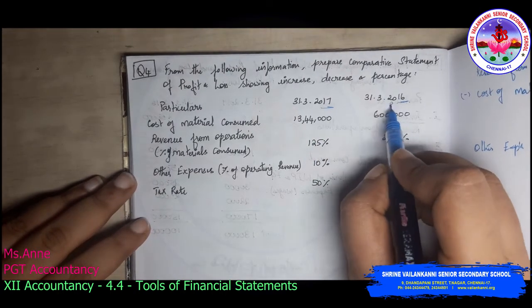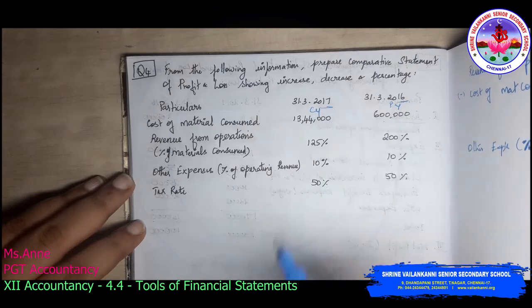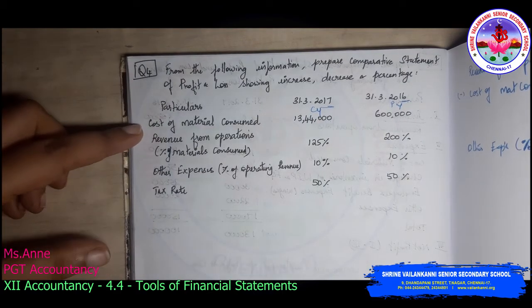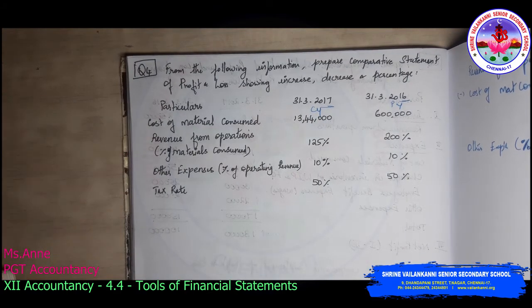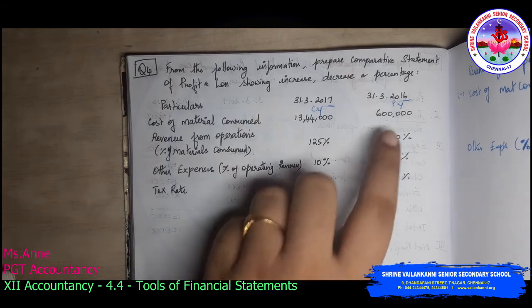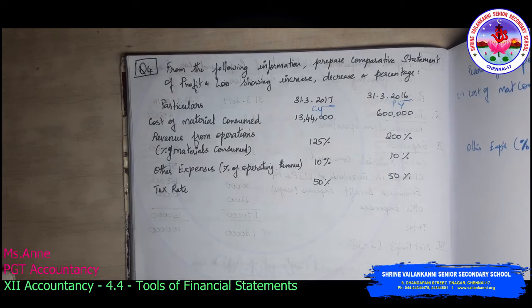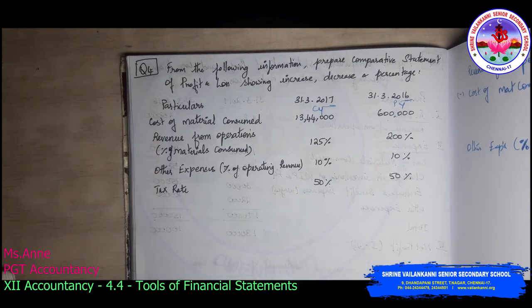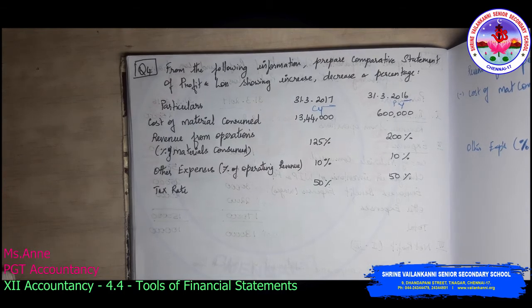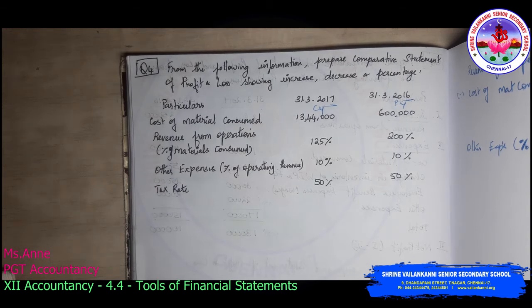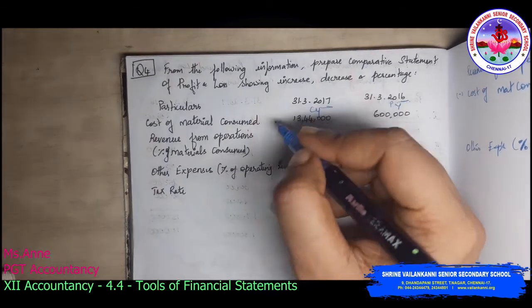So 16 is the previous year, 17 is the current year. Cost of material consumed 13,44,000. Here it is 6 lakhs. Okay, so cost of material consumed, there is a hike, that is 13,44,000 minus 6 lakhs. So 7,44,000, there is an increase.